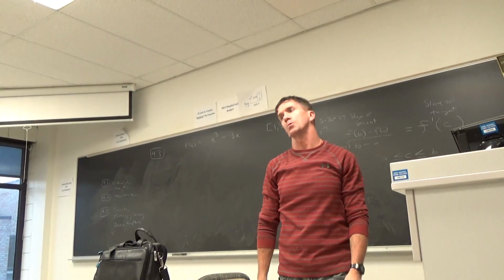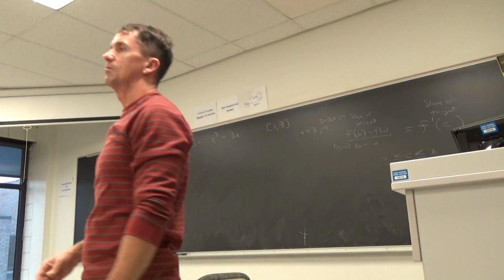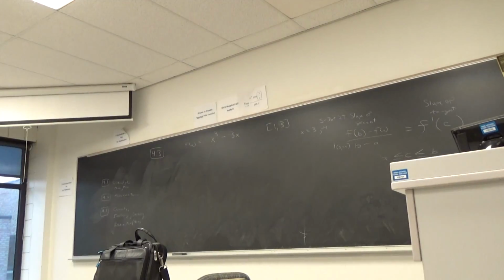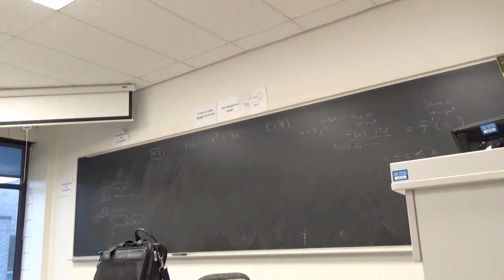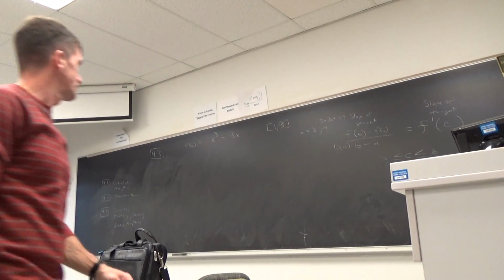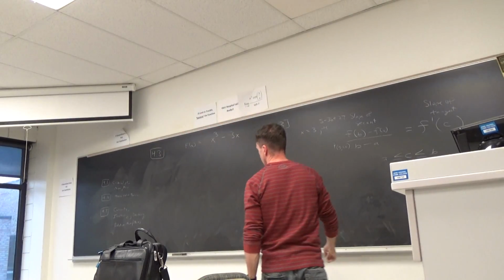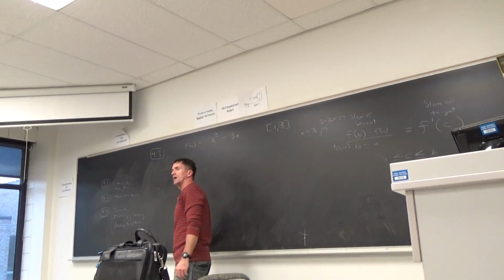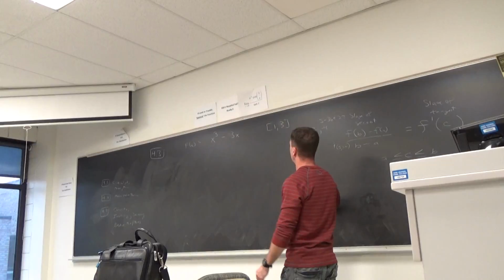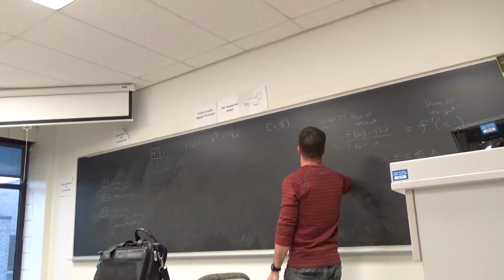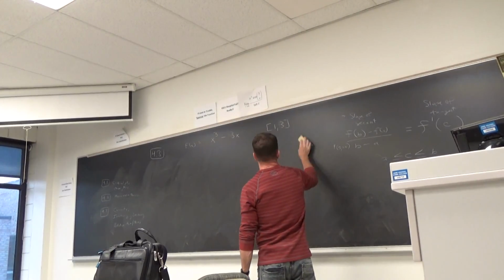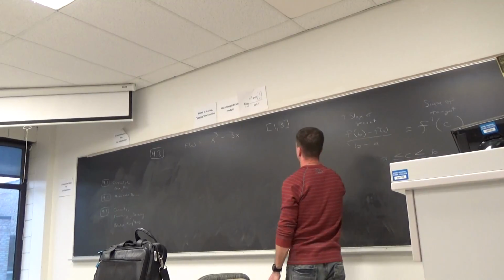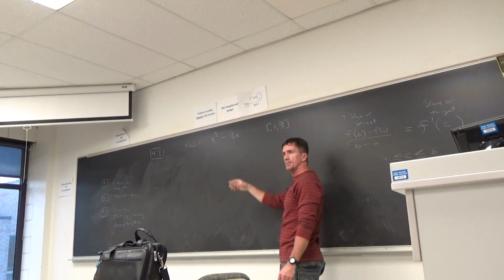Let's start talking about words like where the function's increasing, where the function's decreasing, where the function's concave up, and where the function's concave down. All these new terms. We'll define concavity and make sure everyone understands this whole thing, and we'll work through that problem.